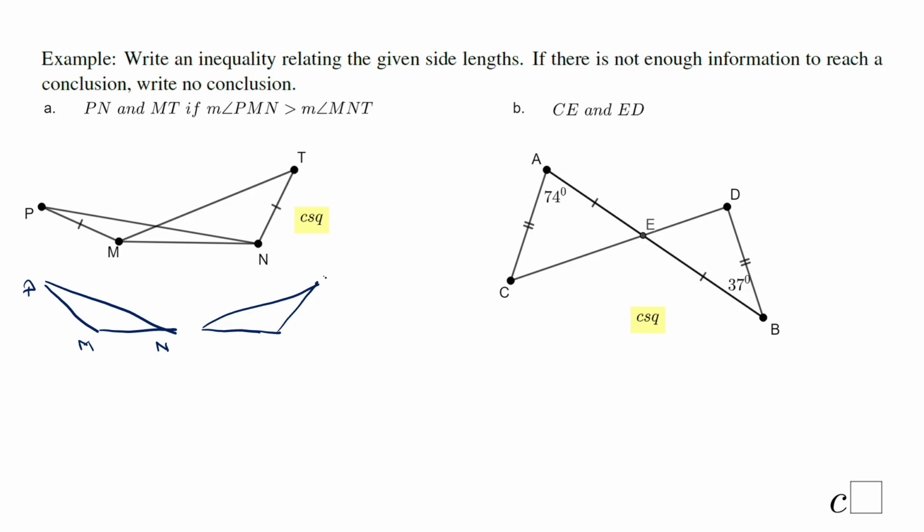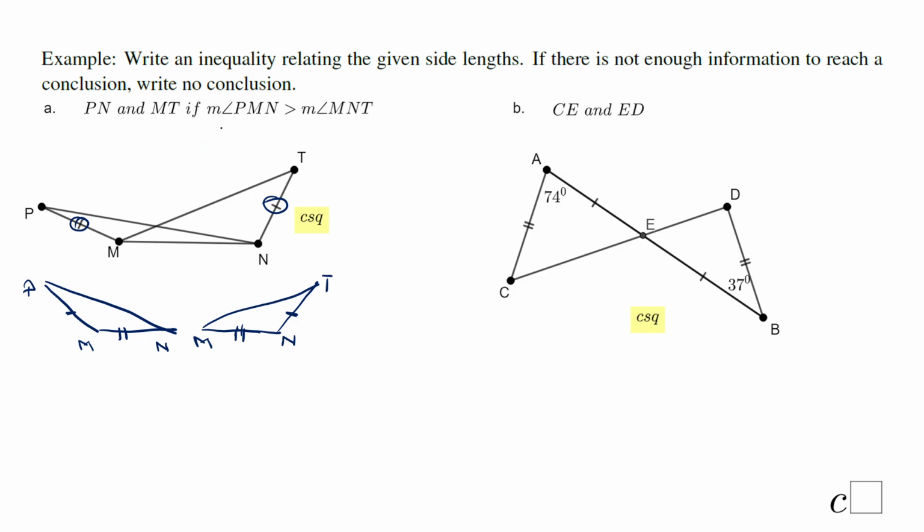And this is T, this is N, this is M. You notice these two sides are congruent, and this is a common side. So again, the conditions for using the Hinge theorem are accomplished: two corresponding congruent sides.